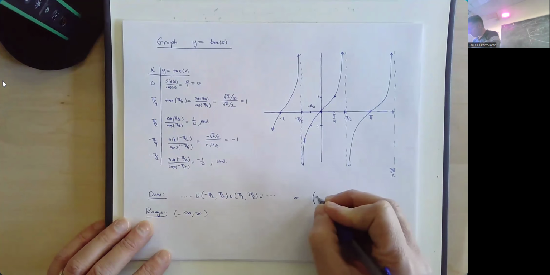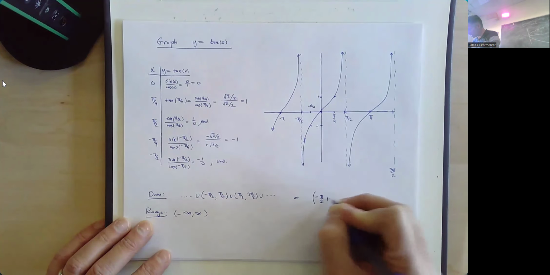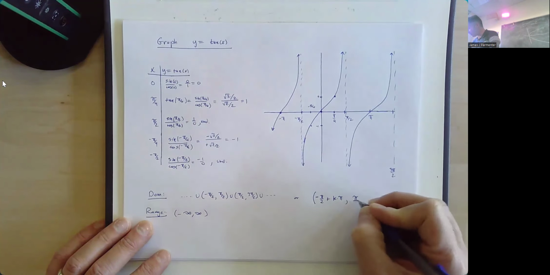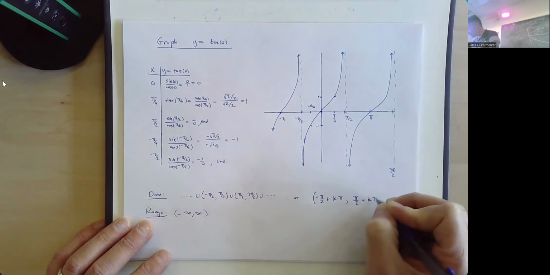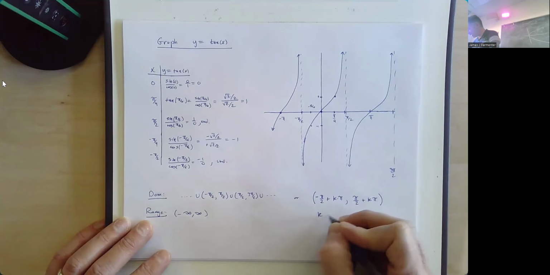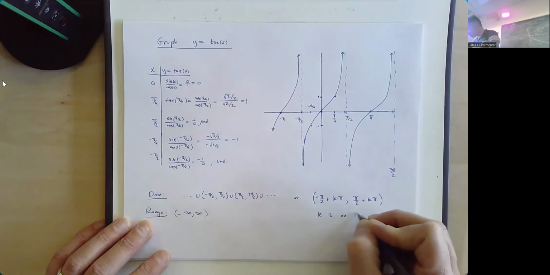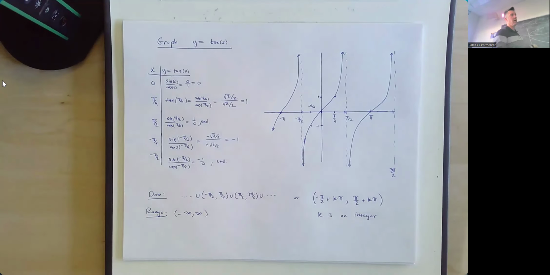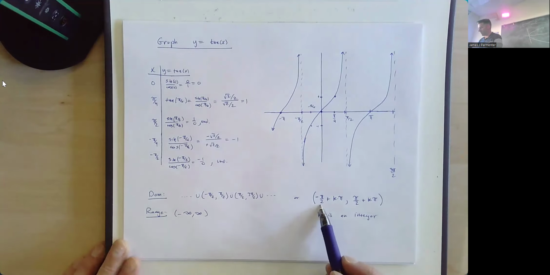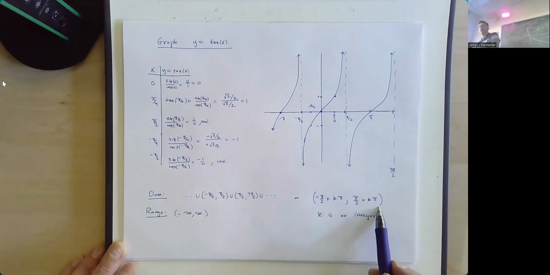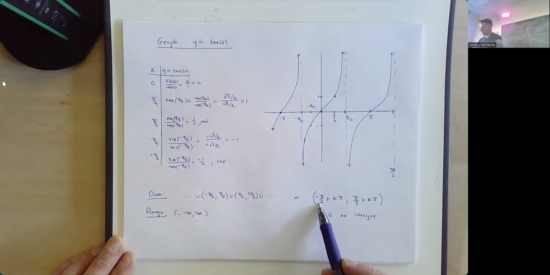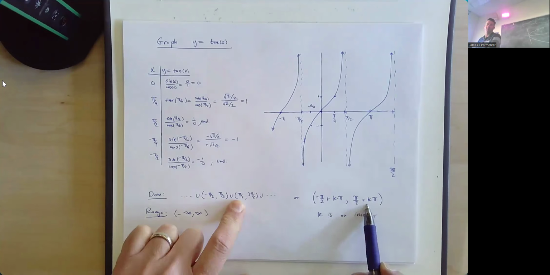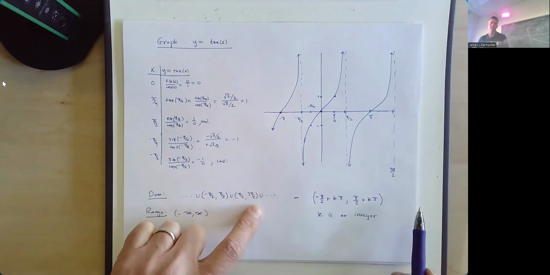They're going to say negative pi over 2 plus k times pi, comma, positive pi over 2 plus k times pi, where k is an integer. So 1, 2, 3, negative 1, negative 2, negative 3, etc. If k is 0, I get negative pi over 2 plus 0 to pi over 2 plus 0. K is 1, I get negative pi over 2 plus pi, which is pi over 2, to pi over 2 plus pi, which is 3 pi over 2, and so on and so on.